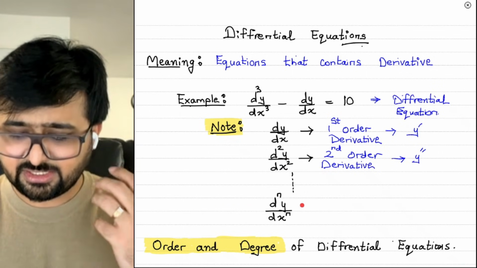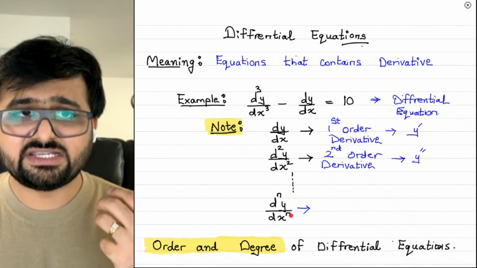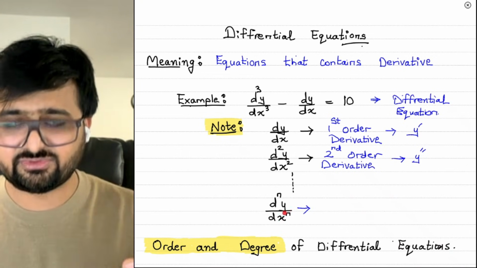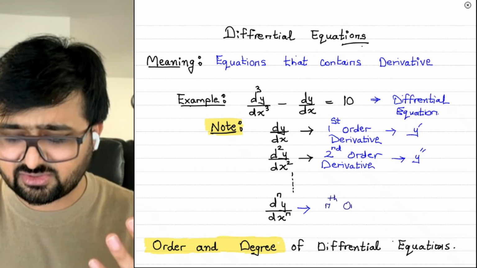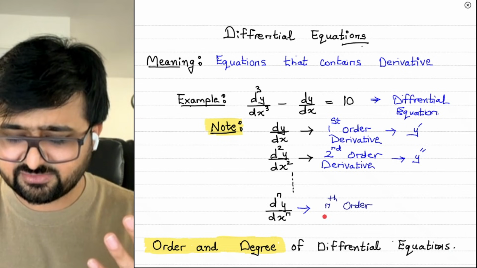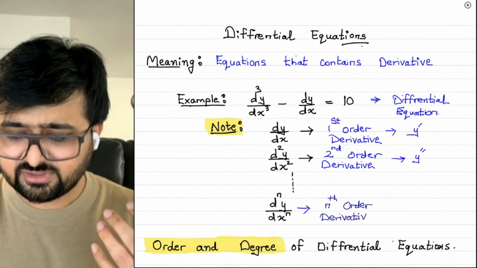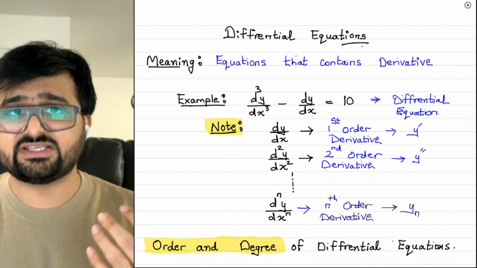If it is the nth order derivative, dny by dx to the power n, you have to differentiate n times to get this term. Hence, this is called the nth order derivative, and it is represented as y suffix n.